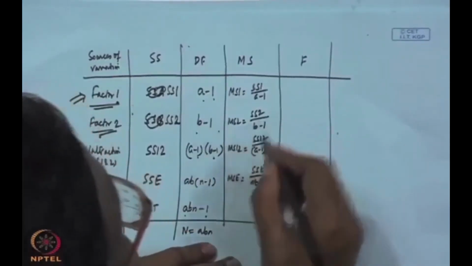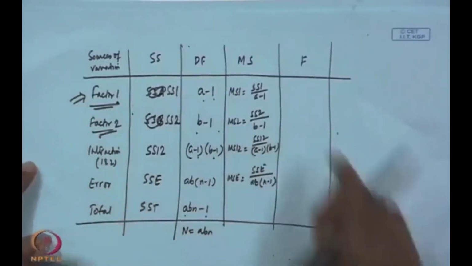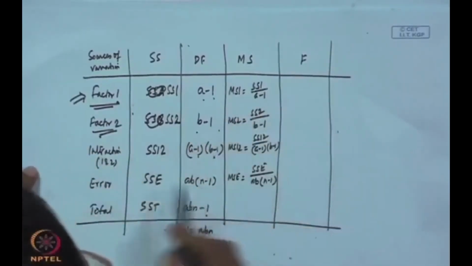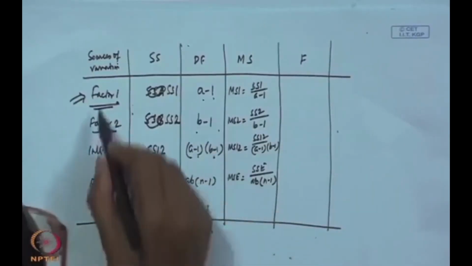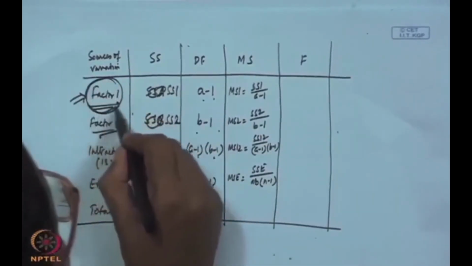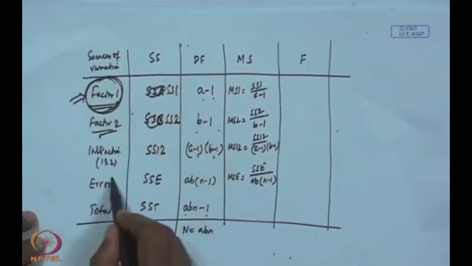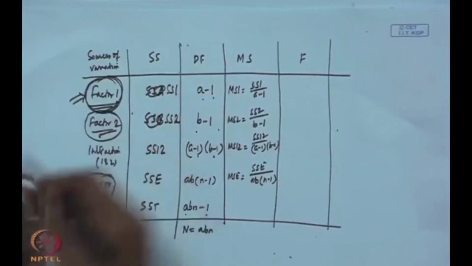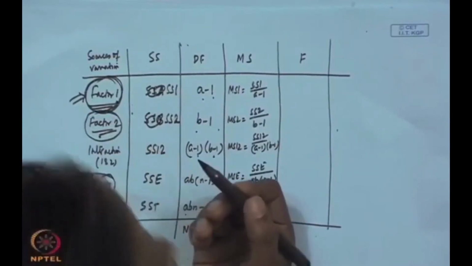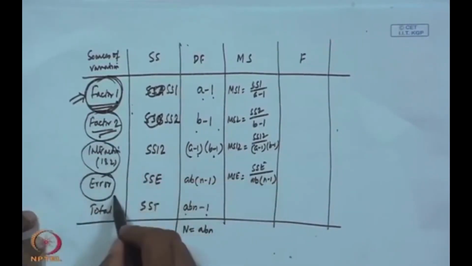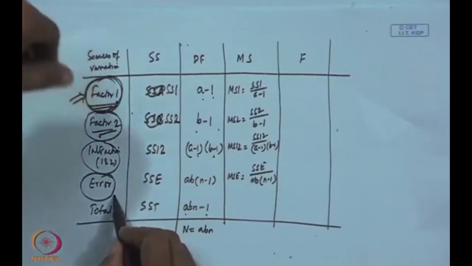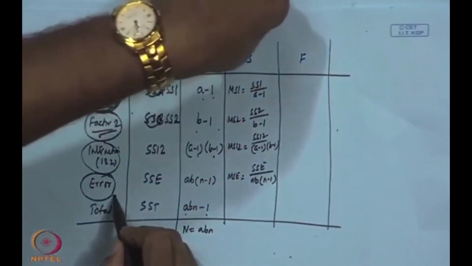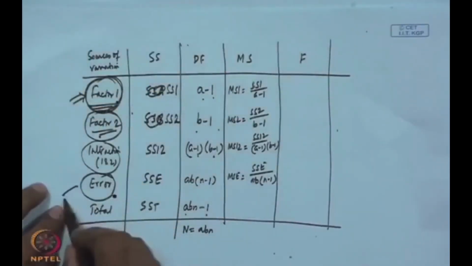What will be your F? The concept of F here is, why we use F in this fashion. What we want to see is whether factor 1 variability explanation is more than the error or not, whether factor 2 is explaining equally to error or it is better, or interaction to error. So, every sum of squares, here we will take the mean squares, will be compared with error.